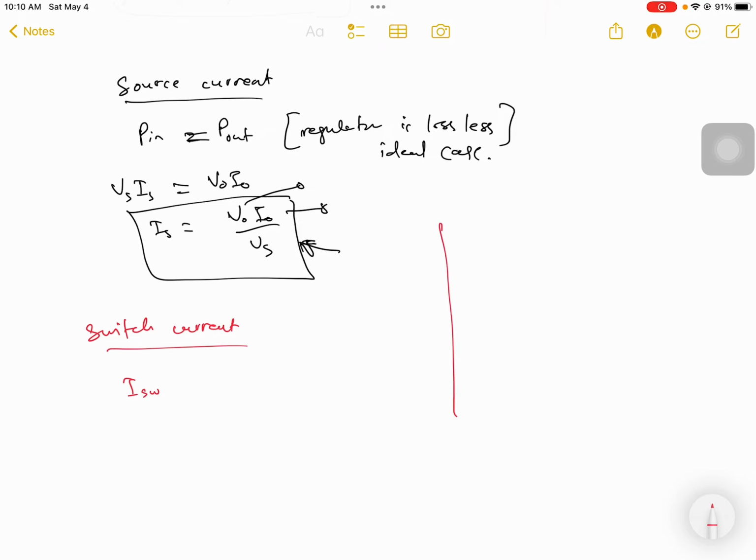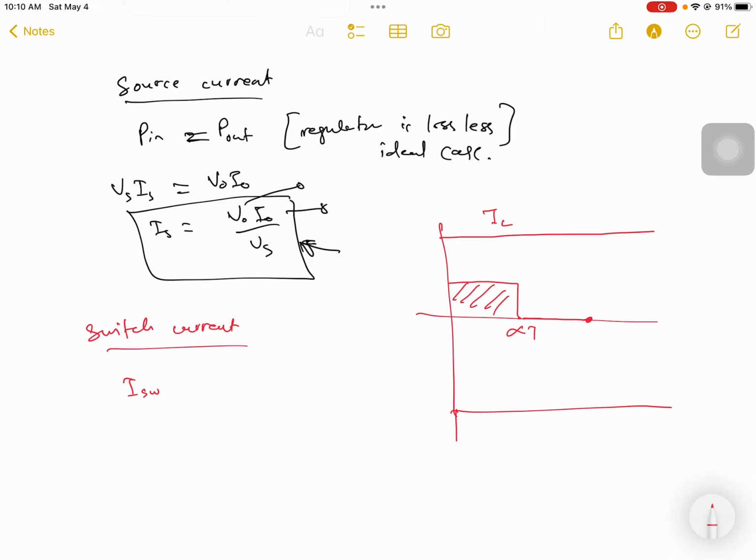Now if you look into the waveform here, since we are expecting the DC average current at the output side, when the switch is turned on, we can expect current passing through the switch like this, and when the switch is turned off, the switch becomes open circuit, and no current passes through it.